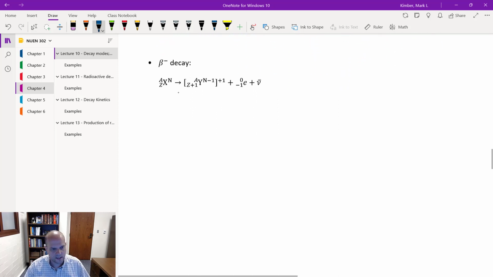For a beta minus decay, what's happening in the beginning phases of this, if we look at this in stages, is that a neutron changes to a proton, and that's what we're showing here. But initially I also have this +1 charge of the atom because I emitted that beta minus particle.